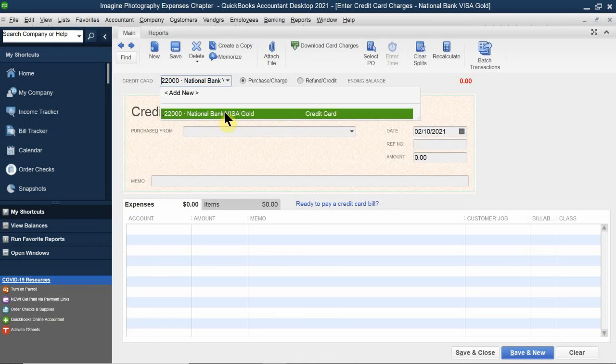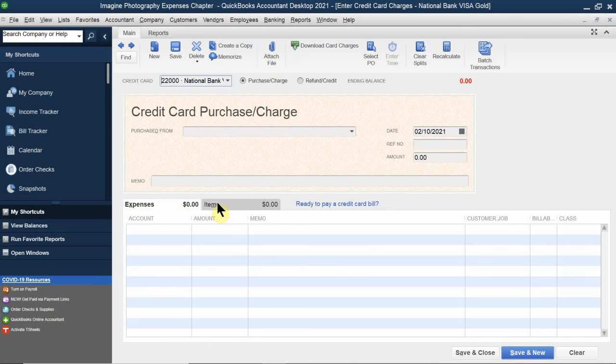Any business can have as many credit cards as you like, as long as they're under the business name. So in this case, it's already selected as the National Bank Visa credit card.